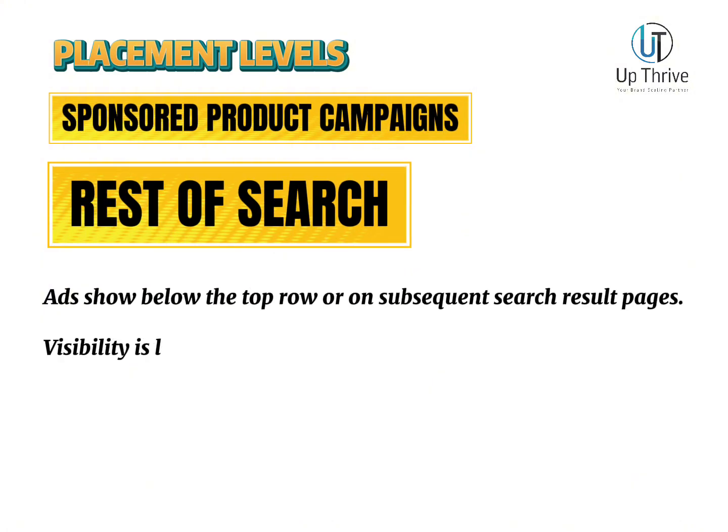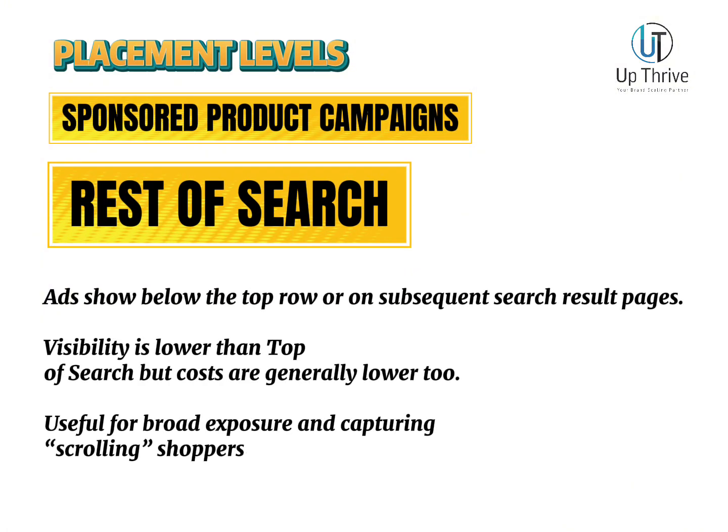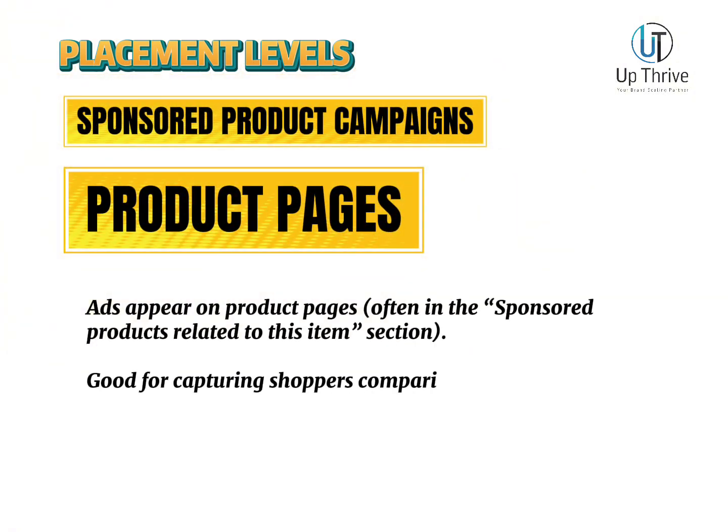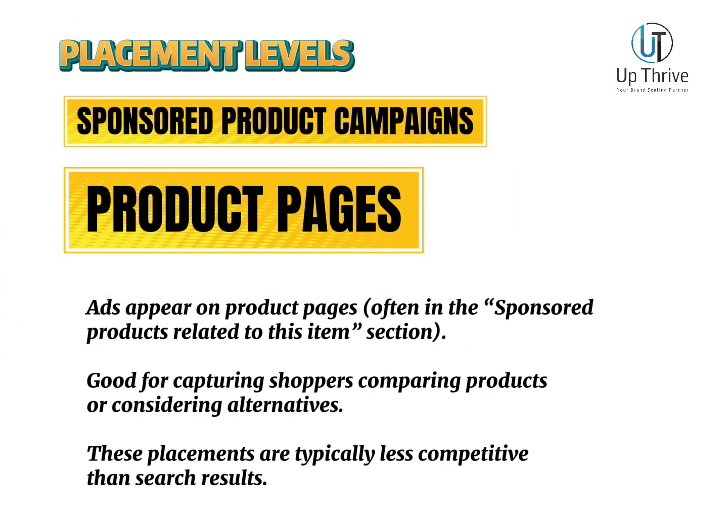Rest of search placements are all the other searches below top of search on page 1 and so on page 2 and 3. These have lower CPC than top of search, and they're also good for ranking campaigns and have a good conversion rate. In product pages, Amazon shows our ads on competitors' product detail pages. So it's better for competitor ASIN targeting to bring their audience to our listing. These are the placements that exist in sponsored product campaigns.